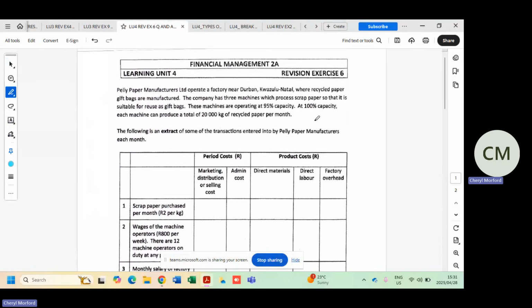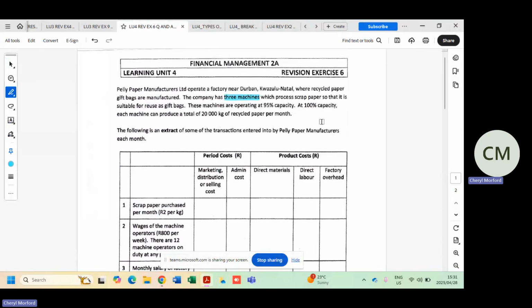So this is a factory, so obviously we can sort into product and period cost. As I said, it's gift bags. Now, everybody, please, too many careless mistakes when you calculate the output. Take note of the number of machines that there are. There are 3 machines, not 1. These machines are not operating at full capacity. They are only operating at 95% capacity.